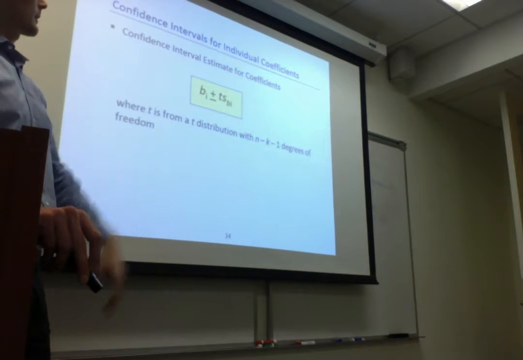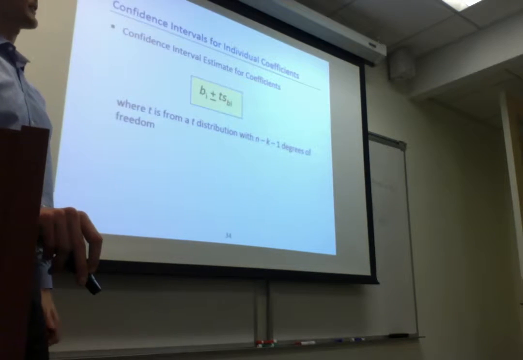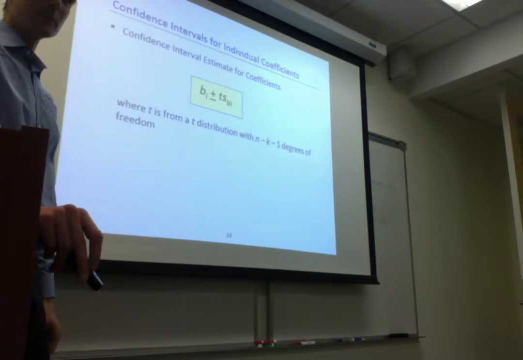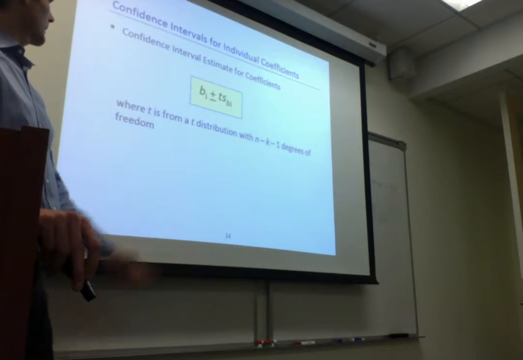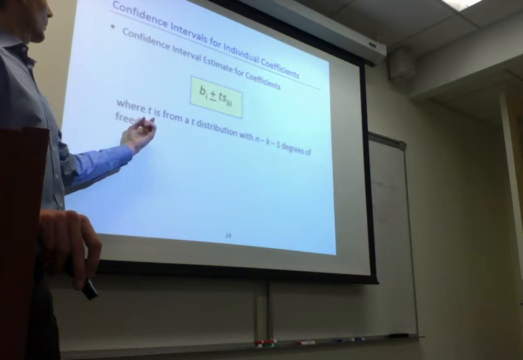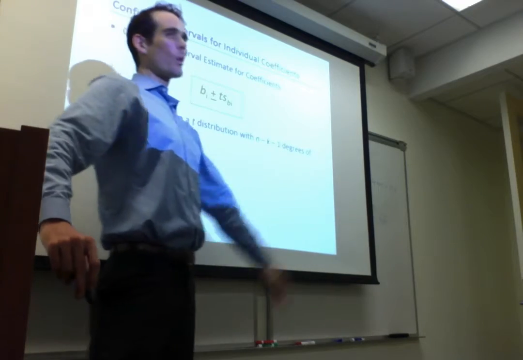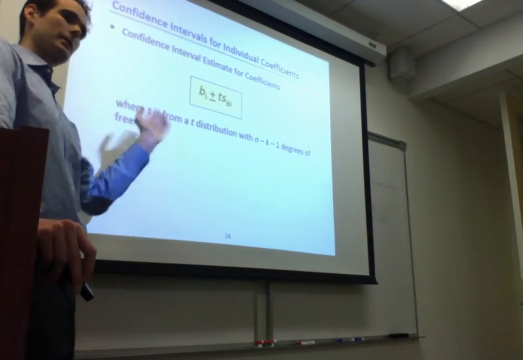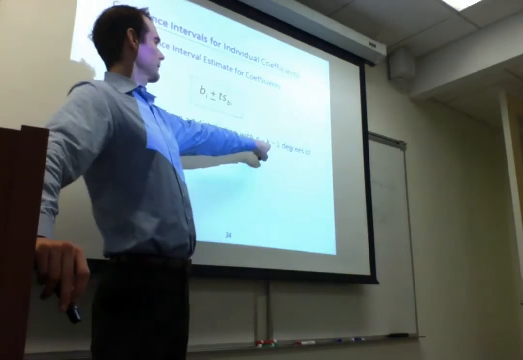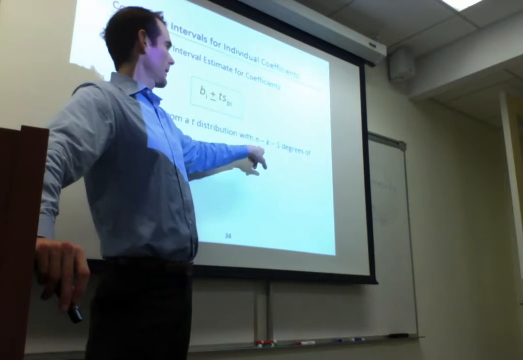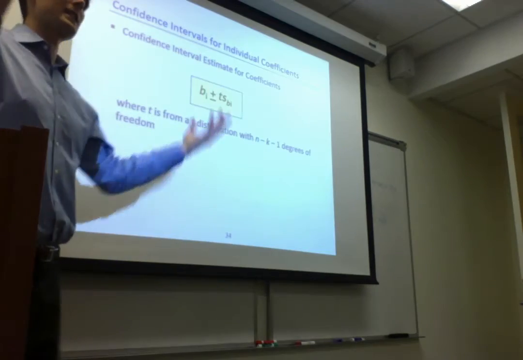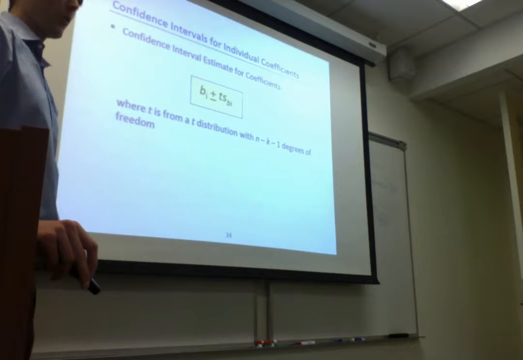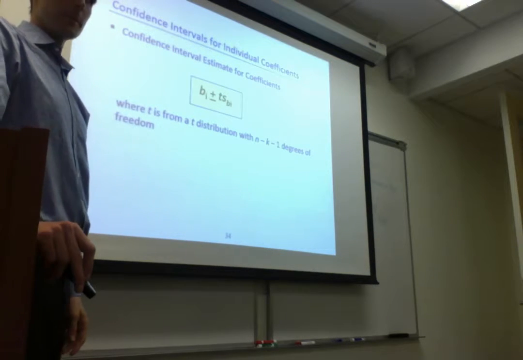But we're going to use confidence intervals with our t statistic, just like we have in the past. Remember, we're going to use n minus k minus 1 degrees of freedom. Last week we just said n minus 2. Now we know that it means something, n minus k minus 1, because we may need to subtract more from n if we have more independent variables.